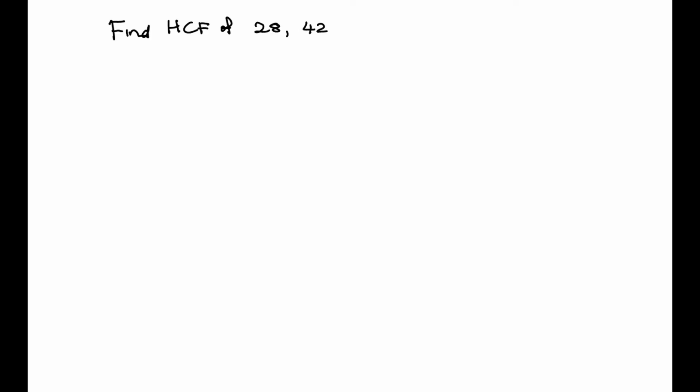Let's look at finding the highest common factor of 28 and 42. So let's prime factorize 28 for a start. You can either do it in your head or use your calculator, and we can rewrite 28 as 2 times 2 times 7. Let's do the same for 42. 42 is 6 times 7, which is 2 times 3 times 7.